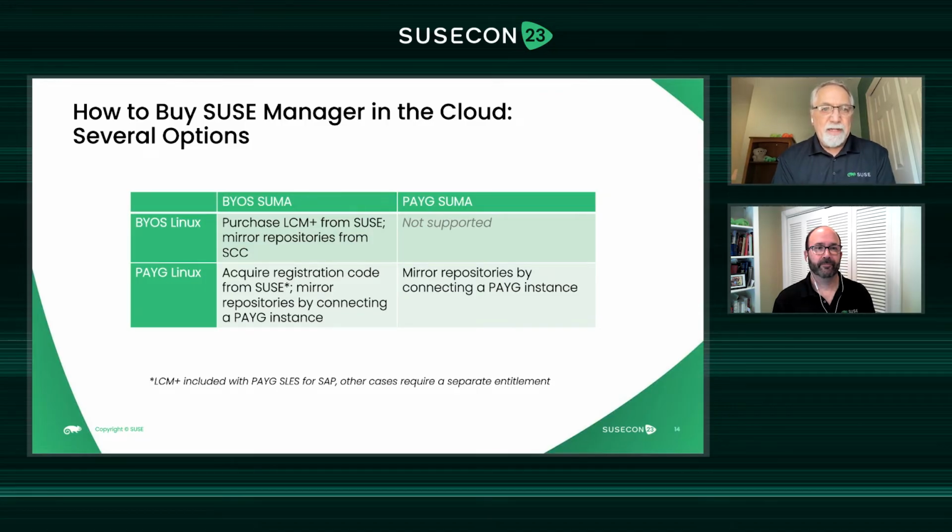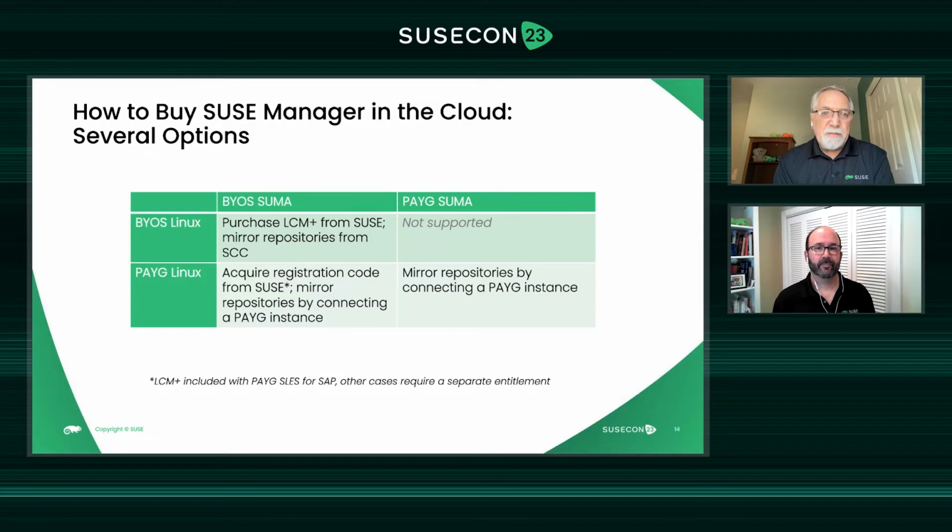And with pay as you go Linux, you acquire the registration code from SUSE. If you don't have any LCM Plus previously, and you're just running SLES for SAP in the public cloud with entitlement, you can send an email. There's instructions on how to do that from your SE, or you can email either of us.